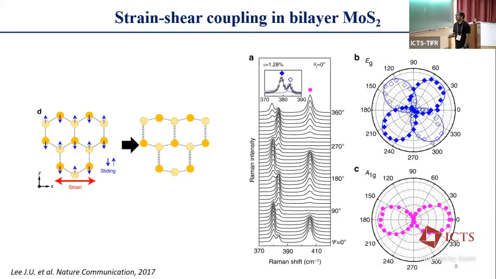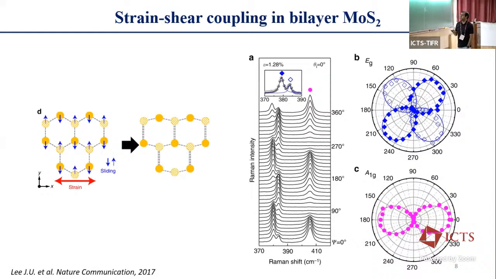And if we do the polarization dependent Raman, we can clearly see that for a particular polarization, we will selectively pick up one sort of Raman mode. And if our polarization is perpendicular to the previous one, then we pick up the other mode. By probing the polarization dependent Raman measurement, we can quantify what kind of strain is present in this kind of layer, which is very clearly visible here.